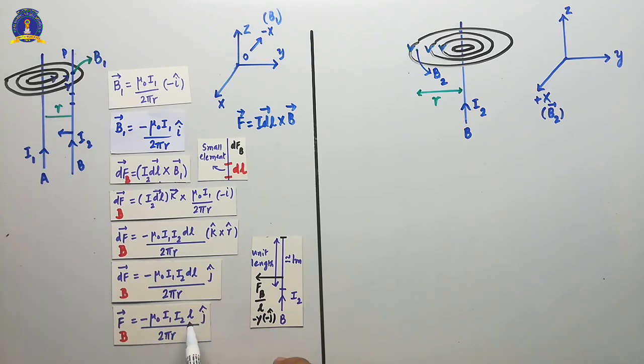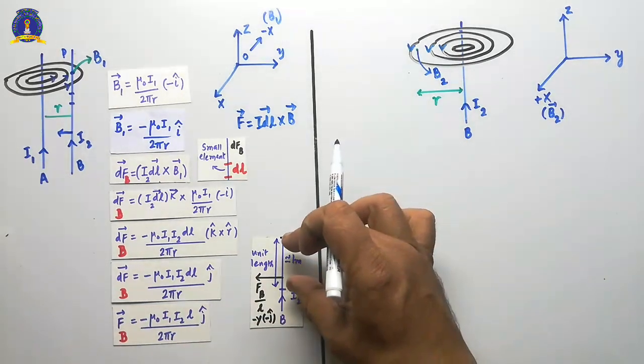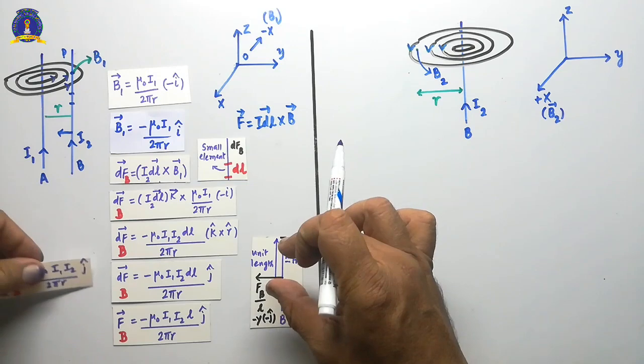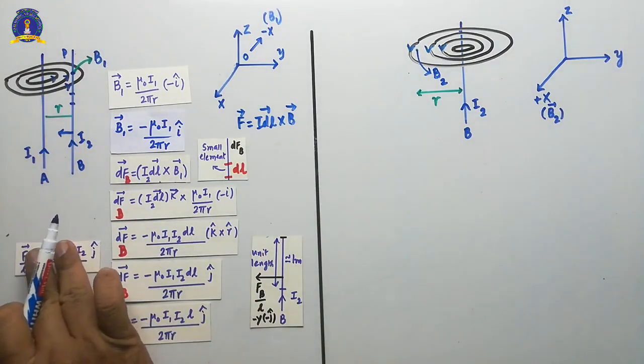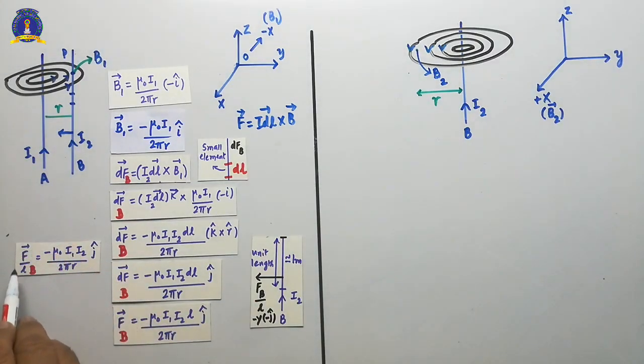Are you clear? Now here we are going to calculate the force per unit length. What is this? Force per unit length. We have to calculate in each unit length how much force is acting. So for that purpose we are using this equation. What is this? F by L, the force acting per unit length. This L can be brought down.